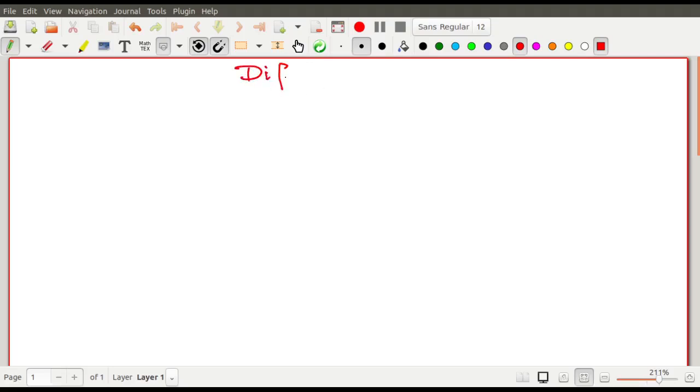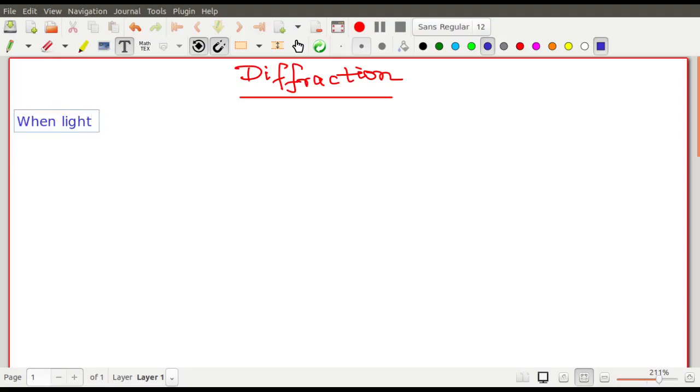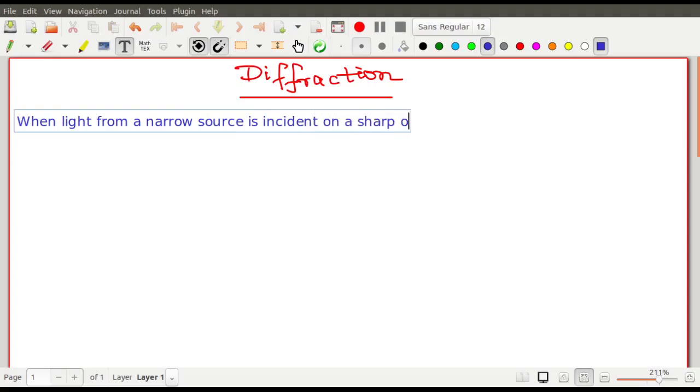We start the formal discussion from now, and I will put up an introduction, not particularly a definition. I will start with the introduction and then move forward with some calculation.